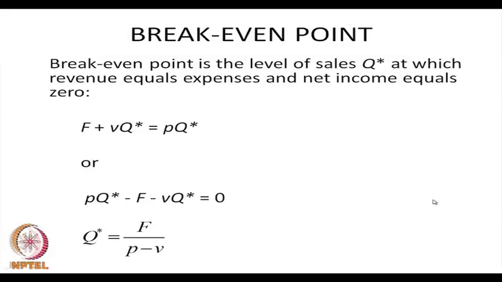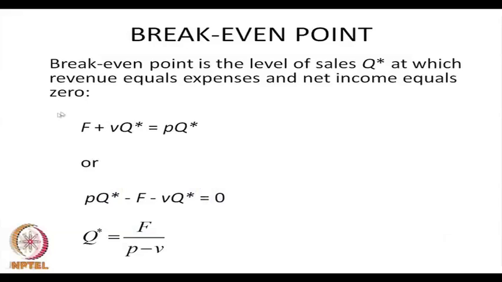Now, we define break-even point as that level of sales at which revenue equals the costs. Revenue is P into Q and cost is fixed cost F plus the total variable cost V into Q. If we subtract the cost from the revenue, we get the income, and we say that at Q equal to Q star, the total cost F plus V into Q star is equal to P Q star.